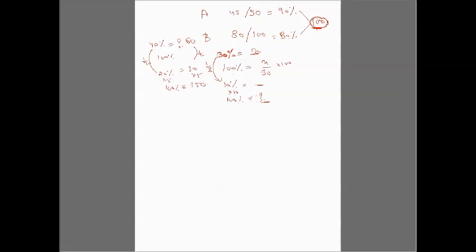So the 40% value was 60, and if I have to calculate the 100% value, that is 150. That will be my answer. Your approach should be like that. You don't need to apply the unitary method.